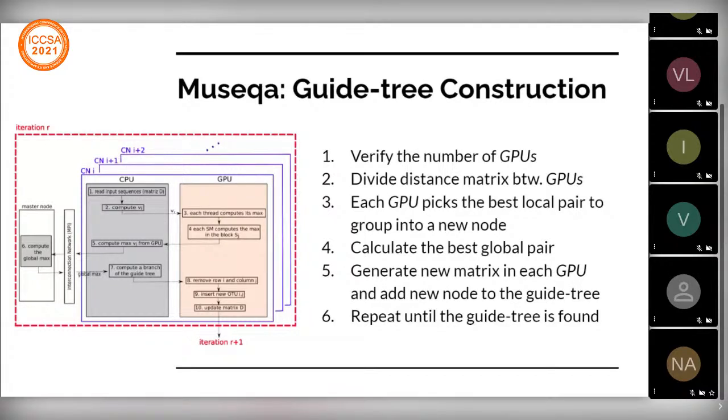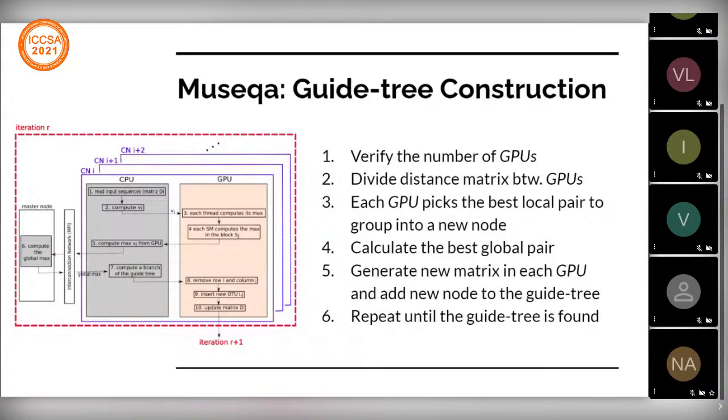This is important because when we introduce gaps or mismatches in these sequences, we cannot undo them later. So the idea is that if we can introduce as few gaps and mismatches as possible, our alignment in the end will be better.